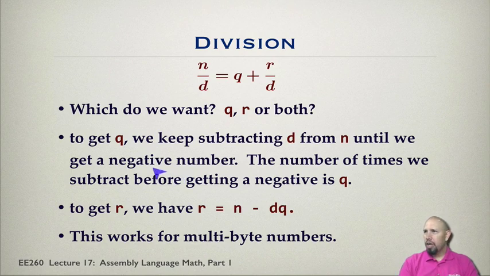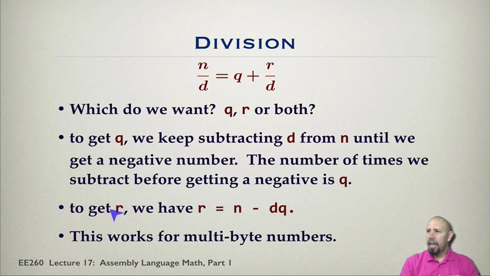In general, one way to get Q is to keep subtracting d from n until we get a negative number. So you can think in terms of a loop. You just keep subtracting d from n until you get a negative number. The number of times we subtract before getting a negative is the value Q. So in other words, the last time you subtract and you get a negative doesn't count. You count all the ones before you got a negative.